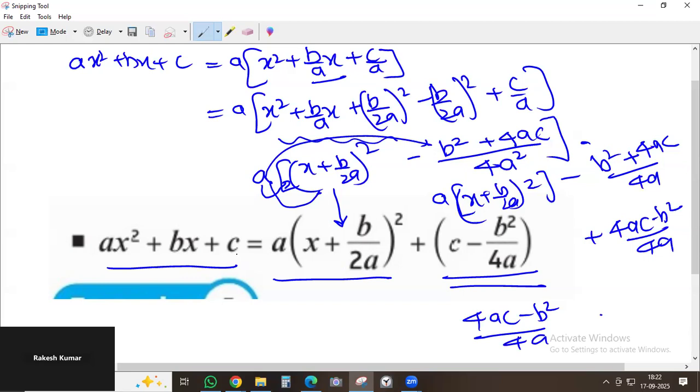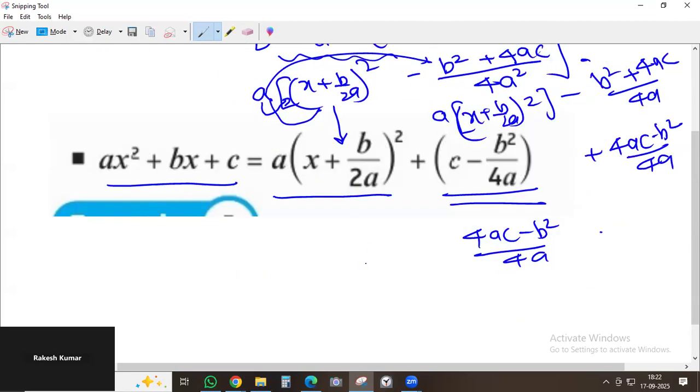Achha, then what is this? On the graph, what does this mean? This means that if I have got a graph, let me say that A is positive. Then if A is positive, it is an upward facing graph. So this point is this, this is minus b by 2a.